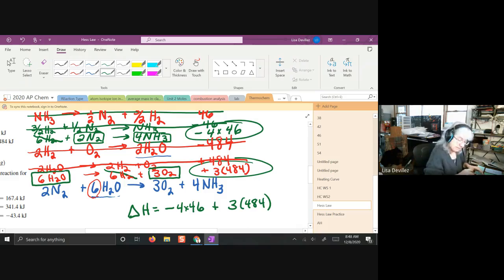It's kinda like doing a puzzle, sort of. So negative 4 times 46 plus 3 times 484 gives me a positive 1,268 for the delta H for this reaction right here.